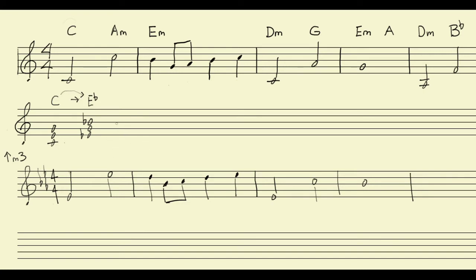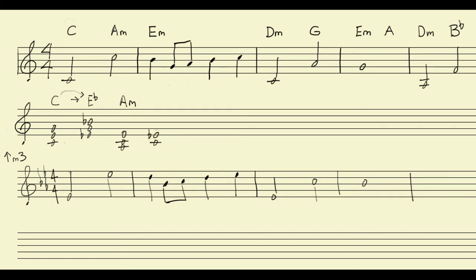So I'm going to write an A minor chord here. A minor has A in the root, C the third, and E the fifth. That's my A minor chord. So we have to move each one of these three notes of the chord up a minor third. So A up a minor third becomes a C. C up a minor third becomes an E flat.